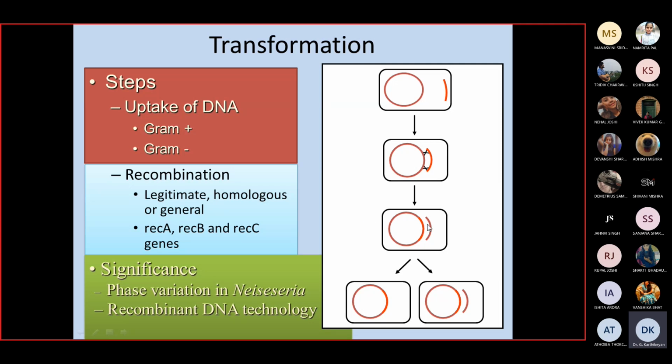Imagine it's double stranded. Only one strand is going to get changed; the other strand will not. And so you will actually have a partial diploid, with the original and the recombined strand. So 50% of the progeny will have the recombined one, and 50% will have the original one.